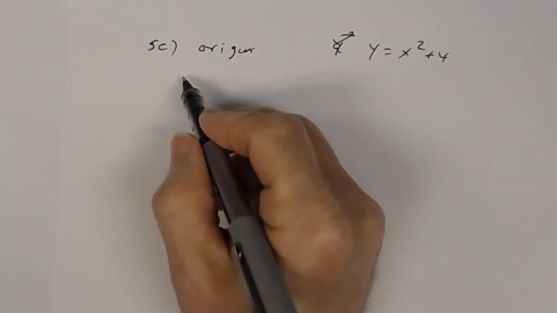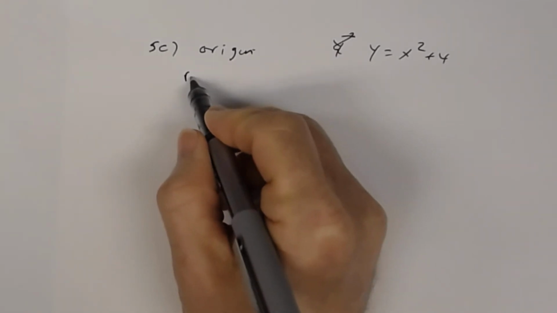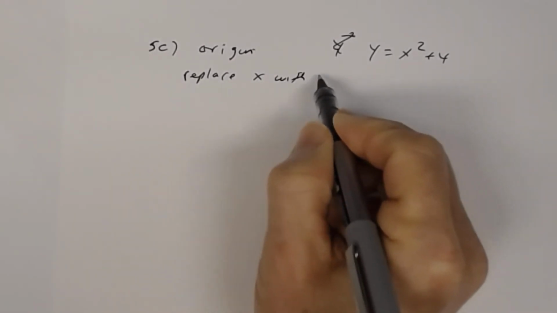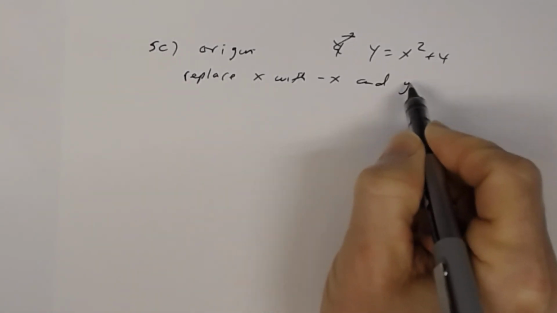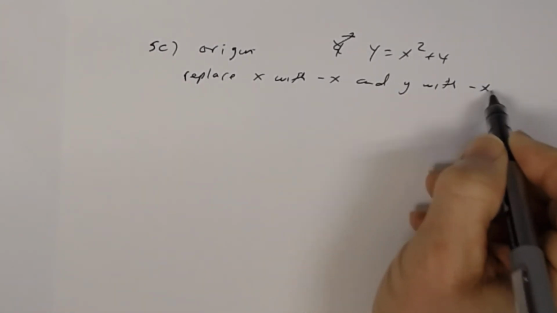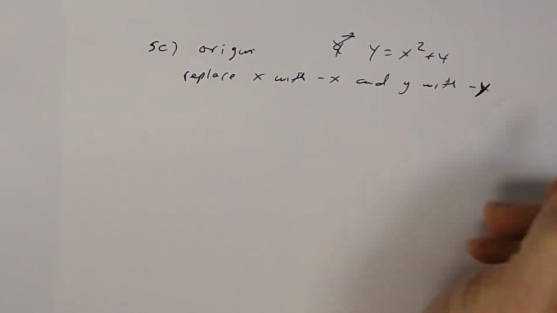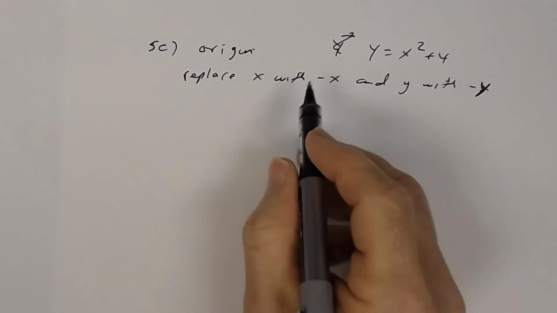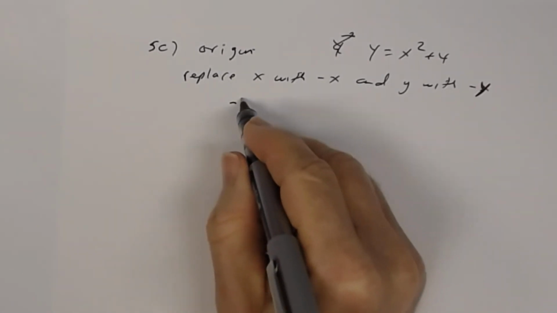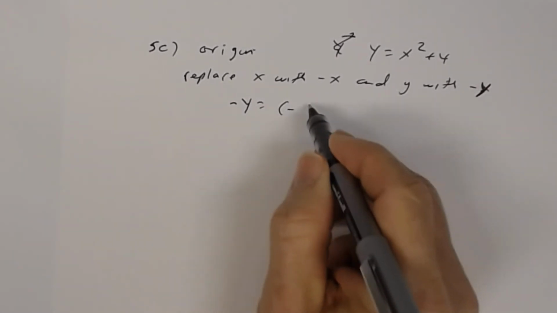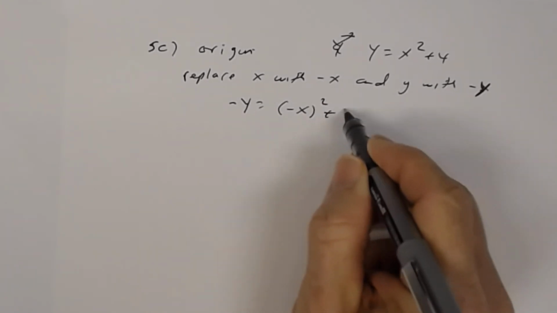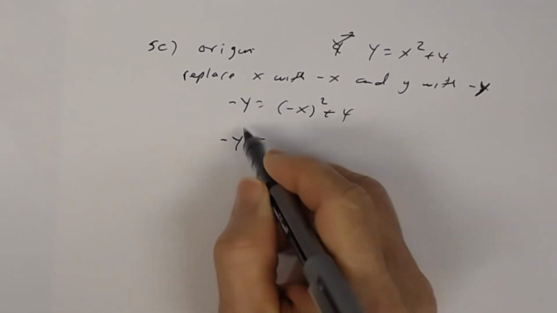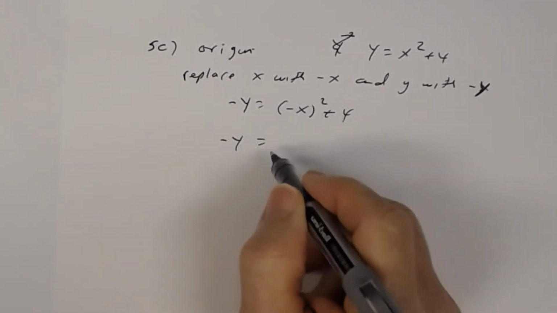Well, with origin, remember you replace both variables: x with negative x and y with negative y. And you must show that. So y becomes negative y, x becomes negative x, and then you're squaring that plus 4. Now simplify this. Negative y stays negative y, and (-x) squared we saw becomes x squared, plus 4.